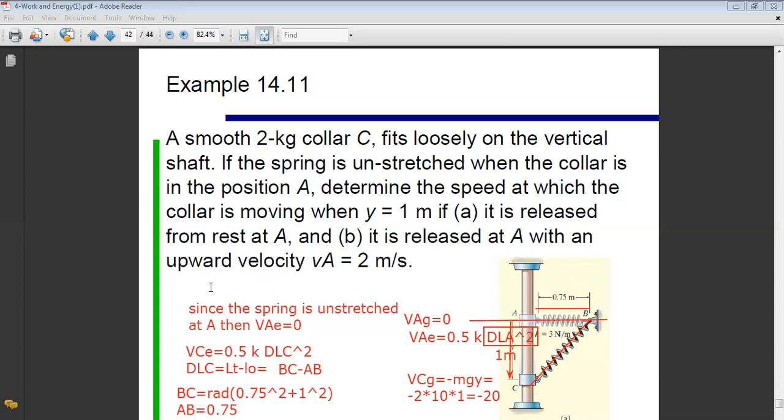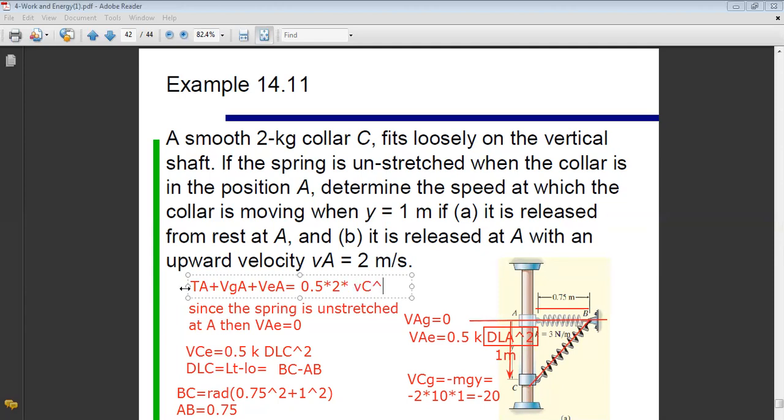From conservation of mechanical energy, what was the equation? We have T at A plus V gravitational at A plus V elastic at A, and we found all of these, equals T at C, the kinetic energy at C, which is 0.5 times the mass of the collar, which is 2 here, times VC squared, the velocity at C squared.